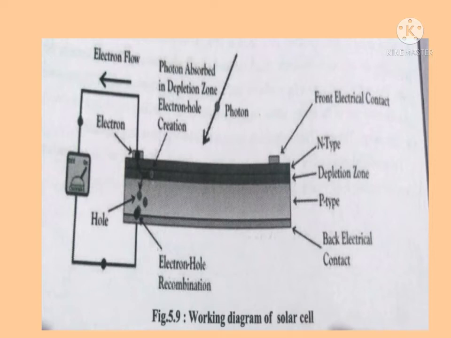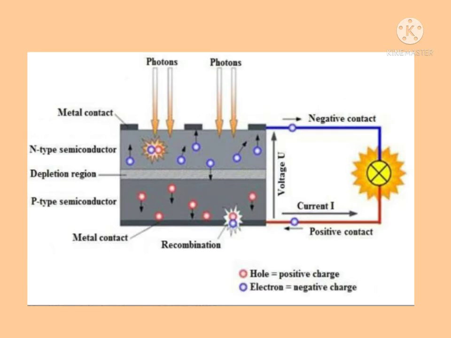As the concentration of electrons becomes higher on the N side, and the concentration of holes becomes higher on the P side, the PN junction behaves like a small battery cell, and a voltage is set up which is known as photo voltage.